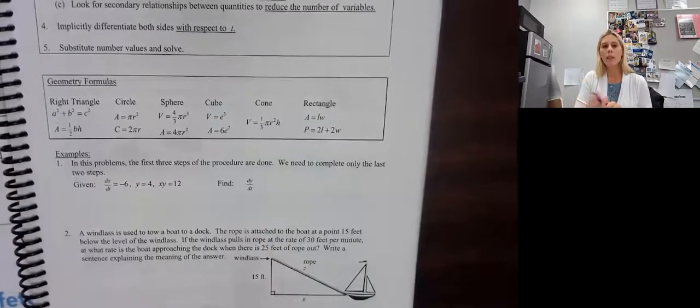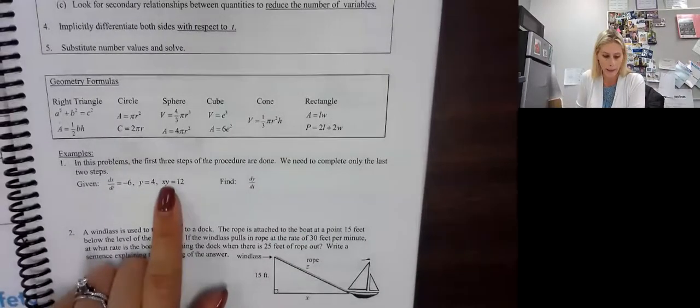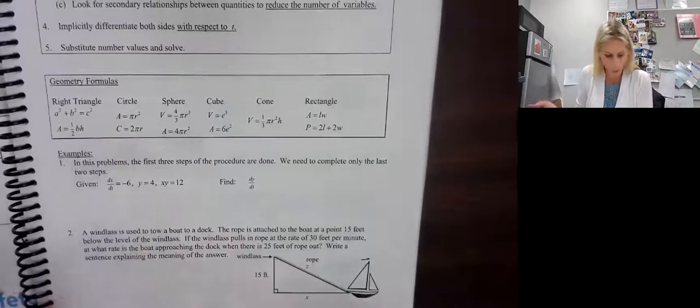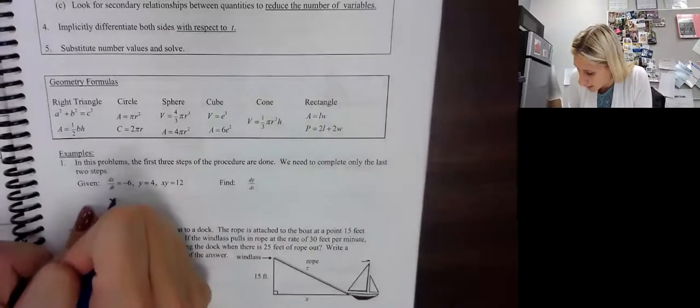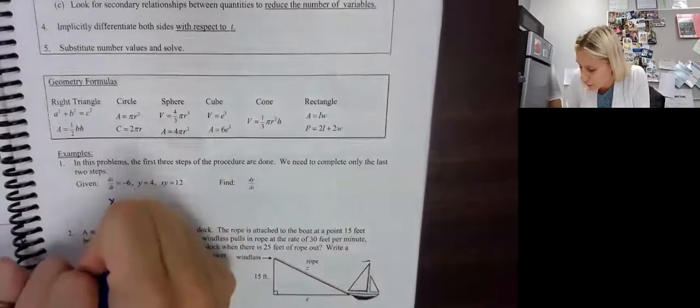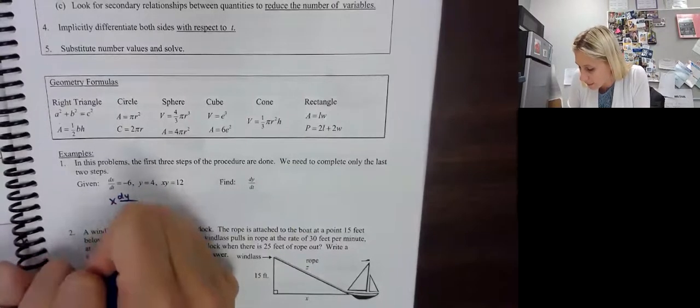So right now what I'm going to do is take my formula that we have, and as you can see, it's a product. So I'm going to do implicit differentiation. Remember that it happens to be the first function, which is x, times the derivative of the second function. The derivative of y is dy dt.